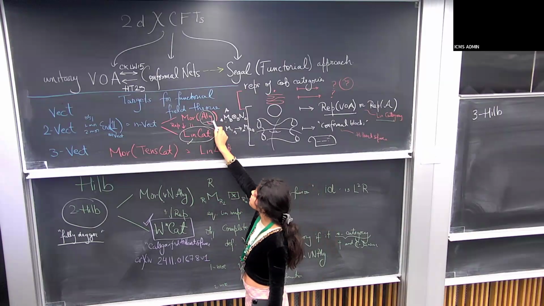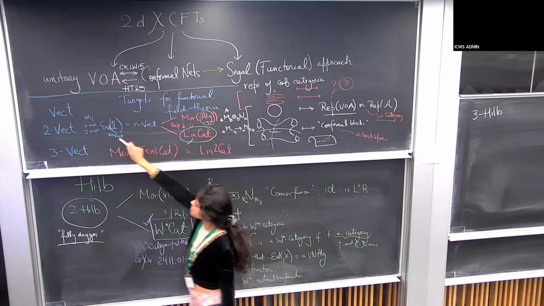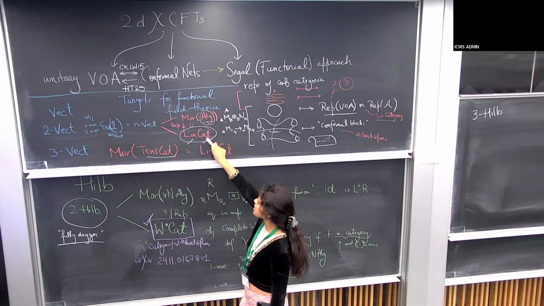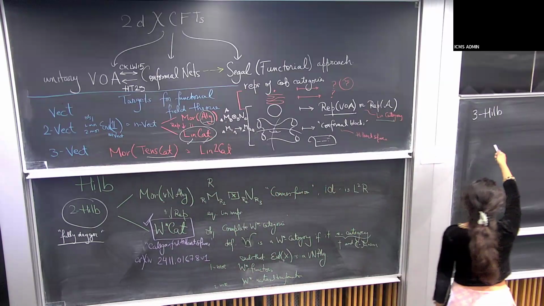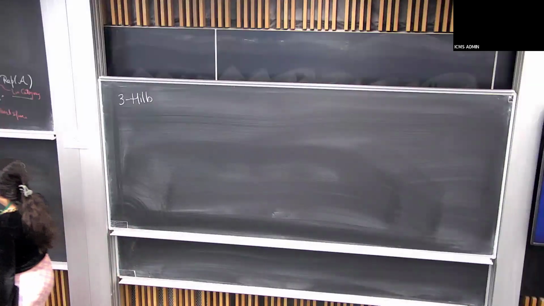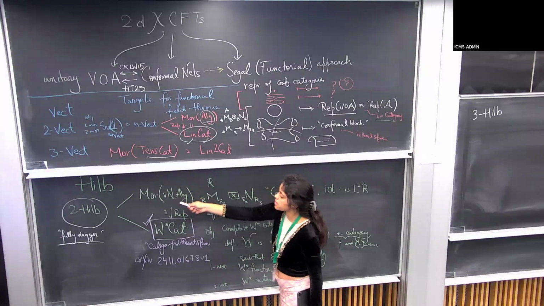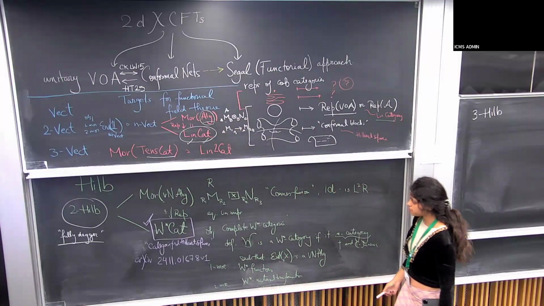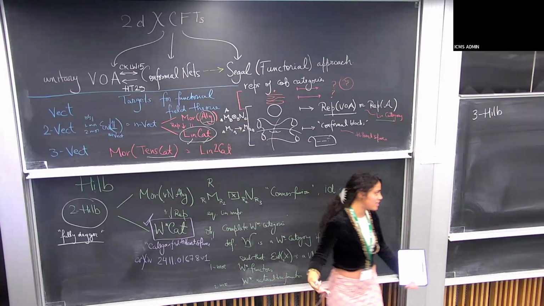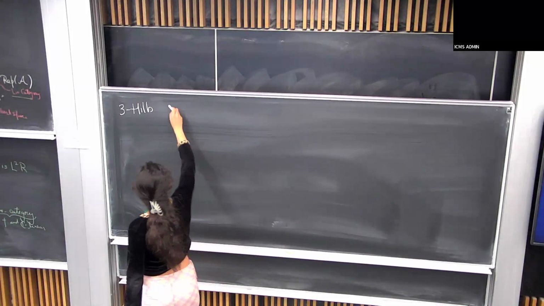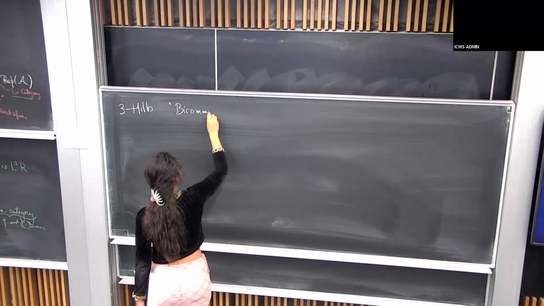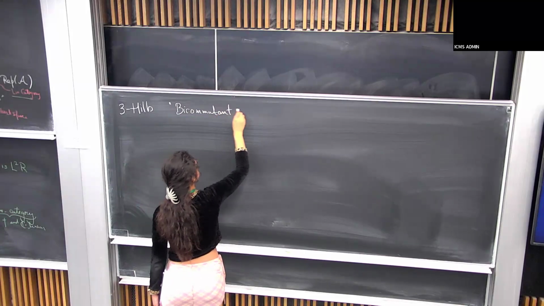So algebras are like algebra objects in vector spaces, and tensor categories are like algebra objects inside linear categories. So I want to do something similar. I want to categorify von Neumann algebras, just like tensor categories categorified algebras. And von Neumann algebras are rich functional analytic things. So I'll call them bicommutant categories.